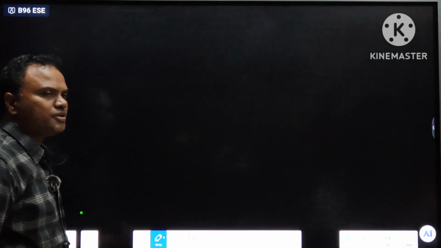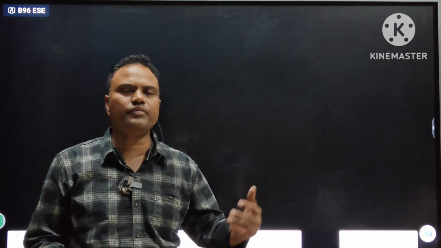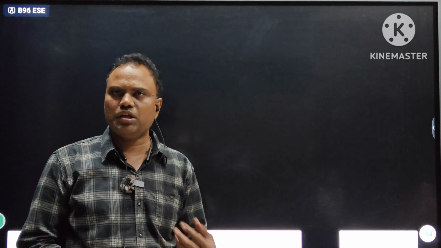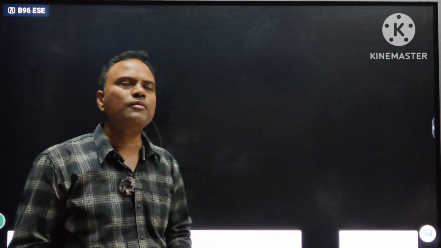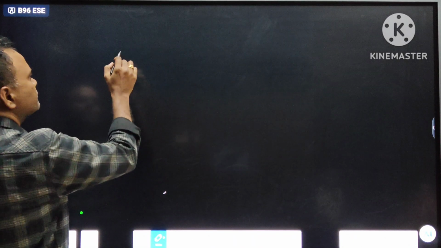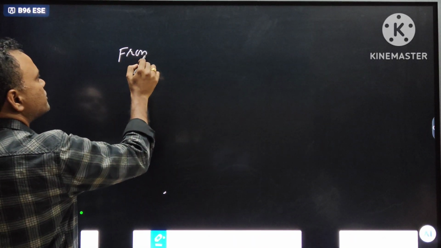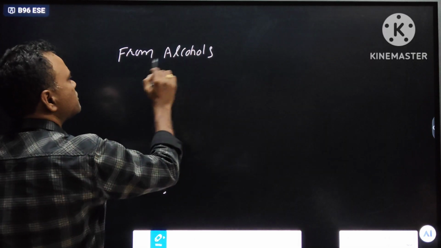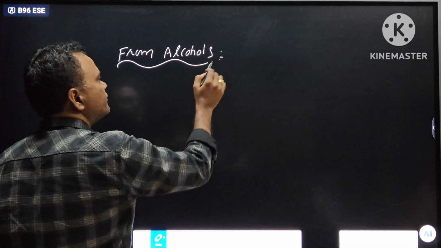And some other preparation methods. First I gave very important named reactions, but not in the order of priority. So many other reactions are also there. Next, preparation from alcohols. This is a well known reaction in alcohols. Oxidation, everyone knows about.